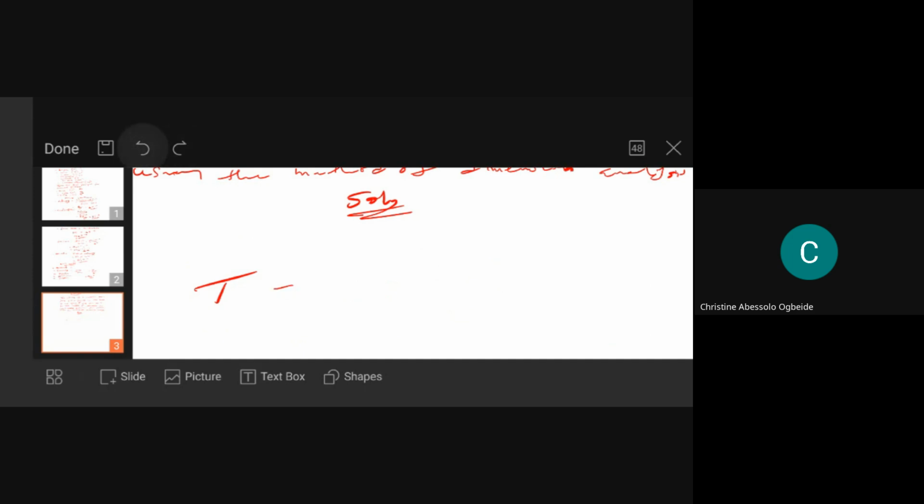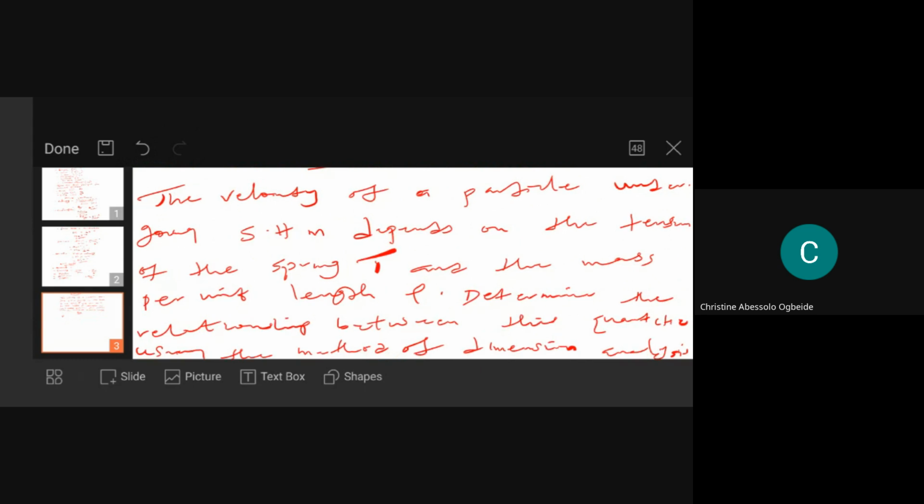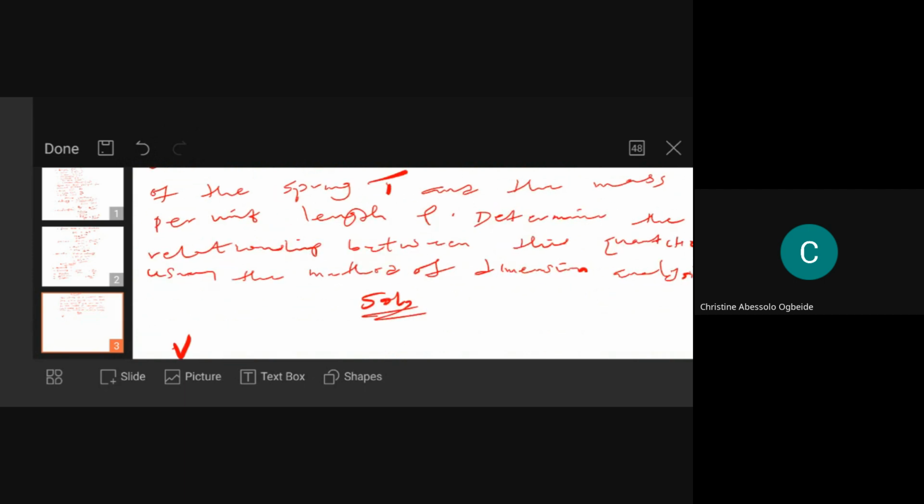Now, the question clearly stated that the velocity of a particle, V, depends on, let me go back to the question, the tension and the mass per unit length.